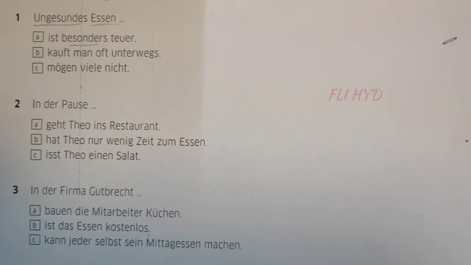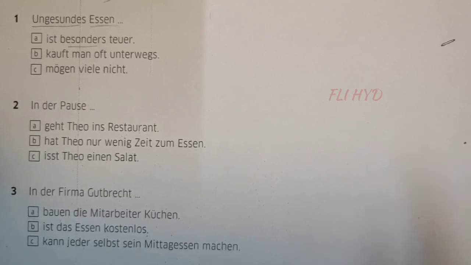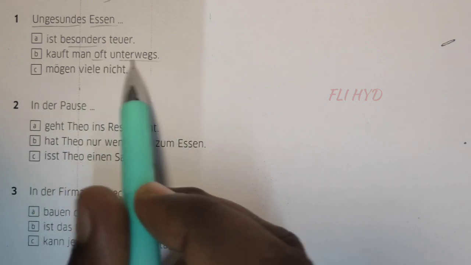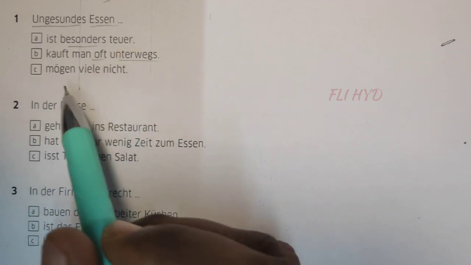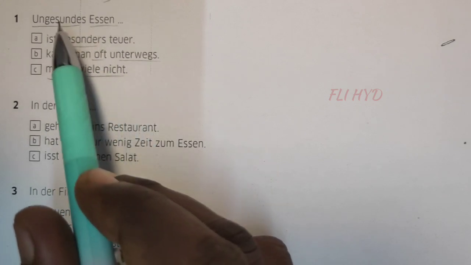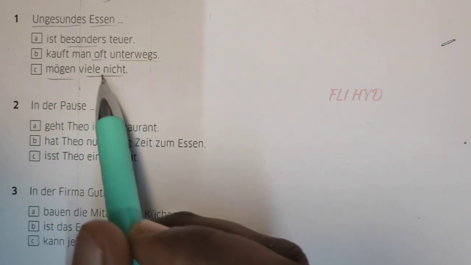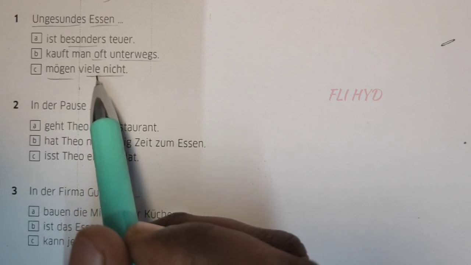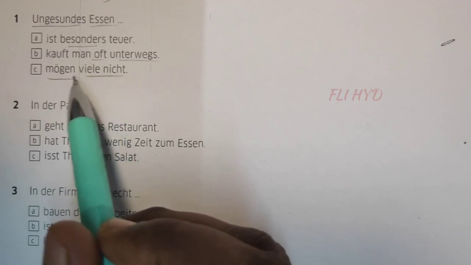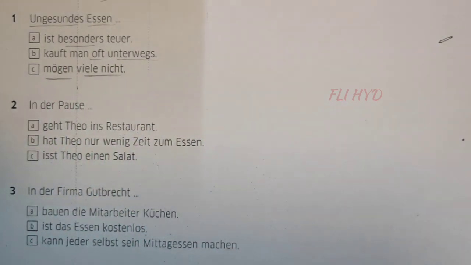Second option, kauft man oft unterwegs, one purchases often, unterwegs, on the way. Mögen viele nicht. Ungesundes Essen mögen viele nicht. Viele here means many people, most of the people don't like unhealthy food.